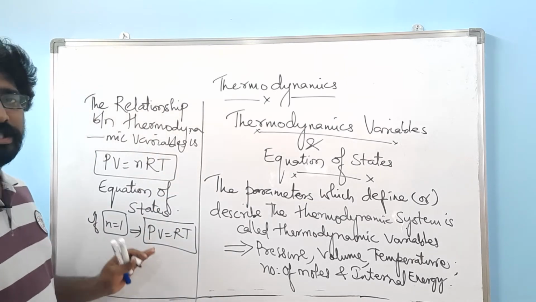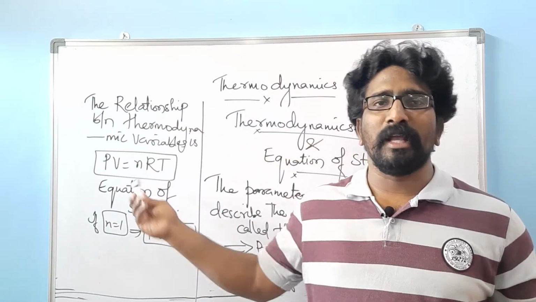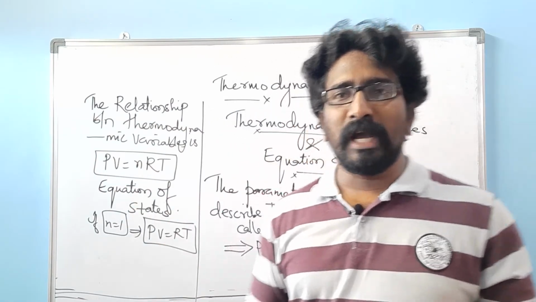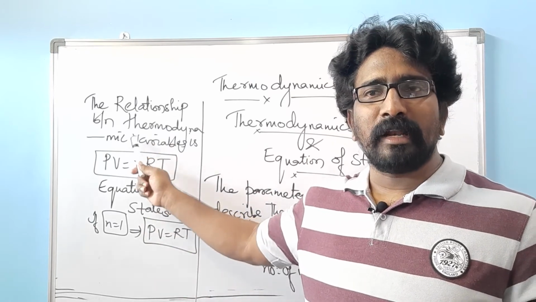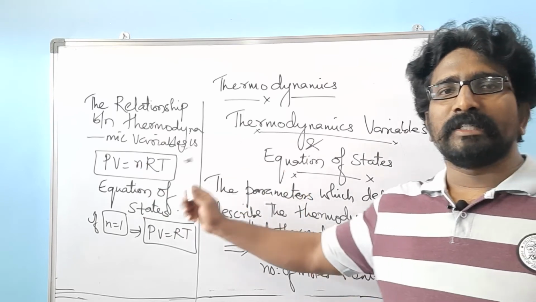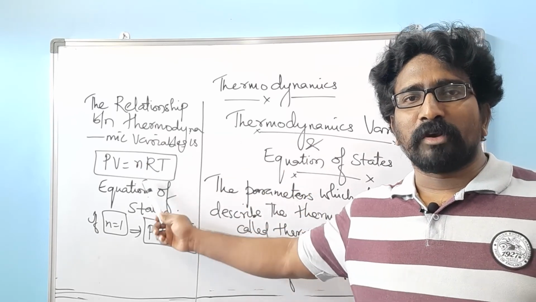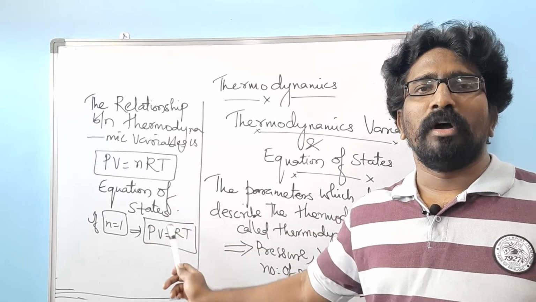So this is regarding what is meant by thermodynamic variables and what is meant by equation of state. I hope you have understood this. When you make a relationship between the thermodynamic variables, we call it an equation of state. If the number of moles is equal to 1, then the equation of state becomes PV equal to RT.